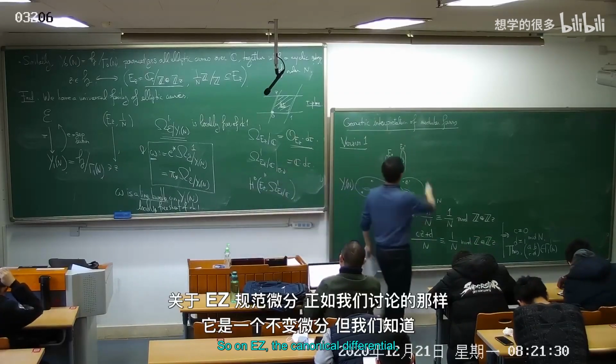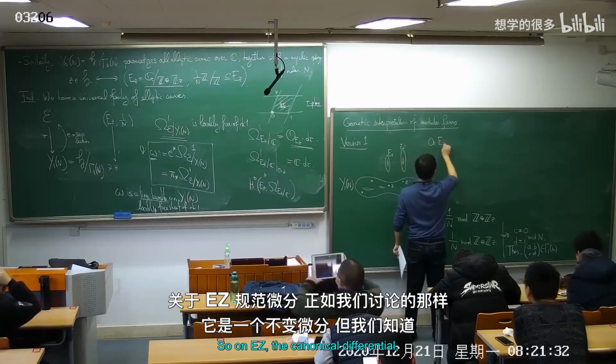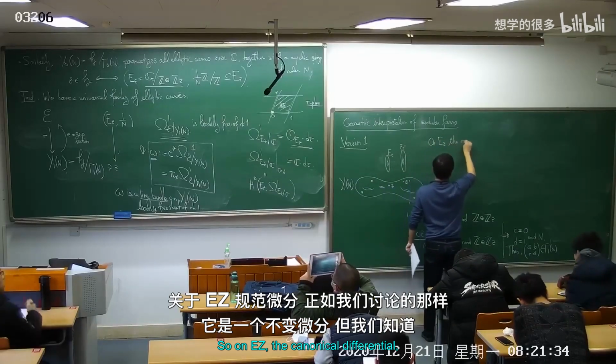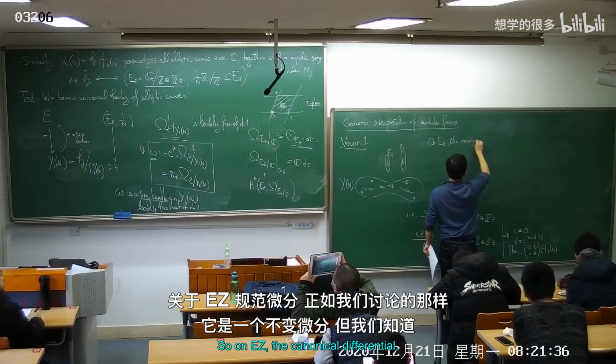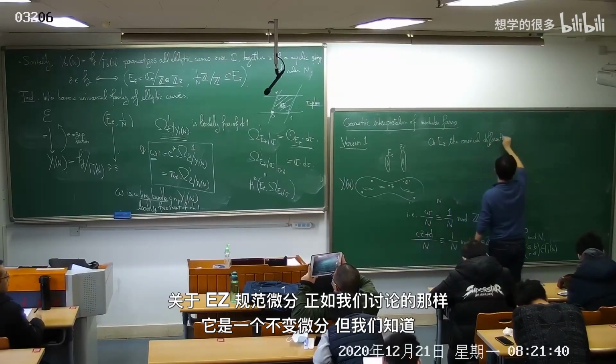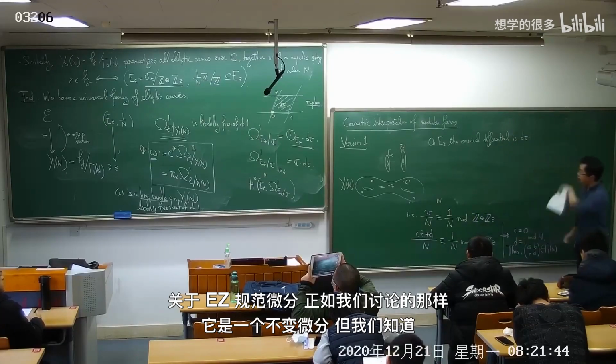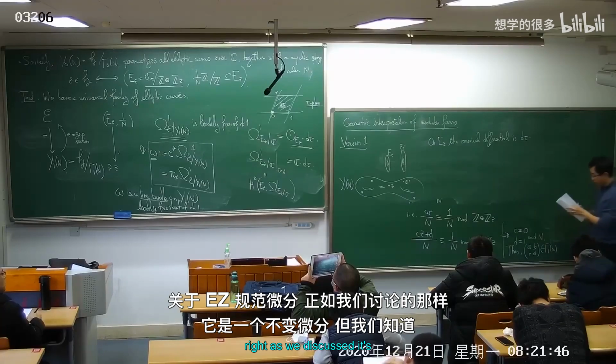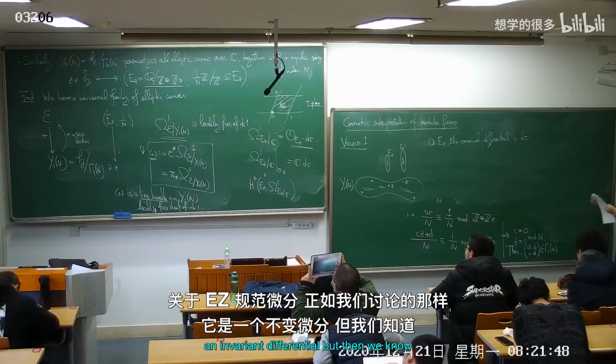So on EZ, the canonical differential is d tau, as we discussed. It's an invariant differential.